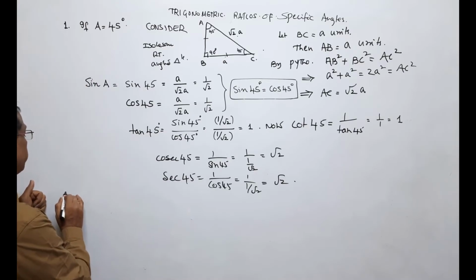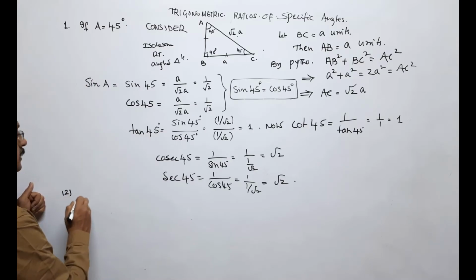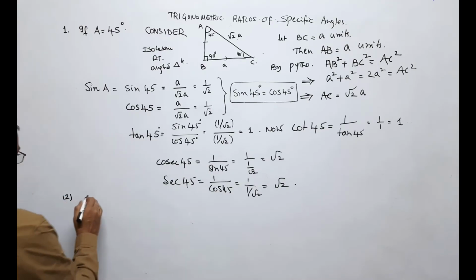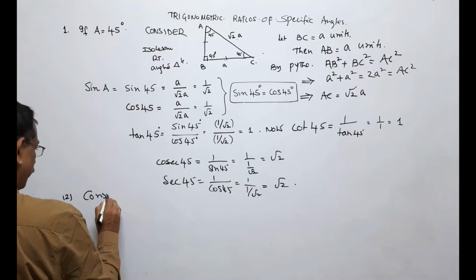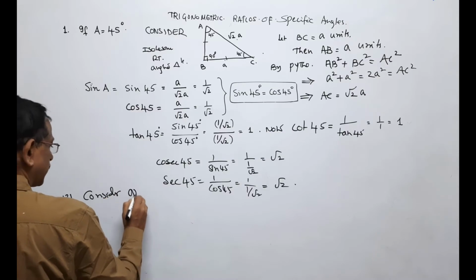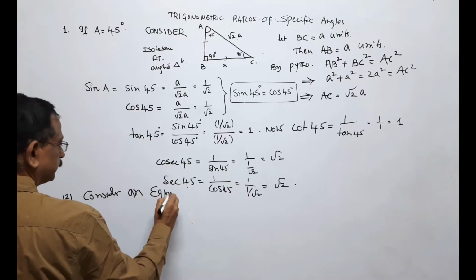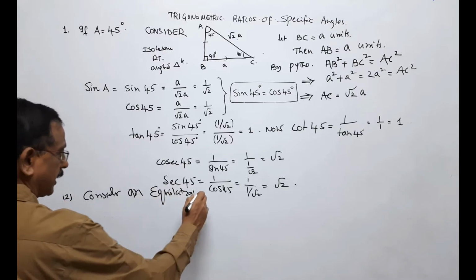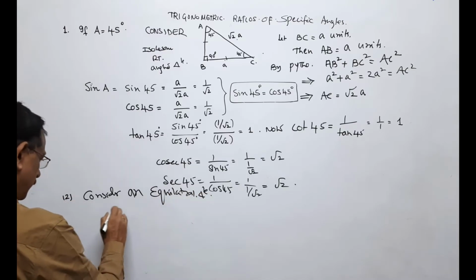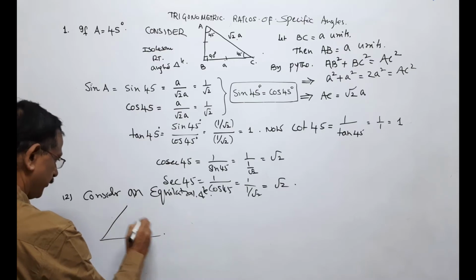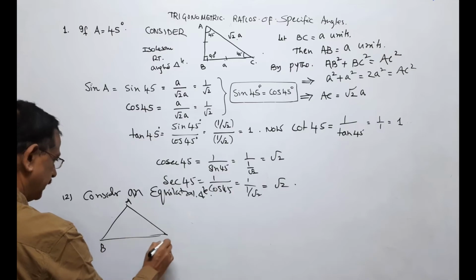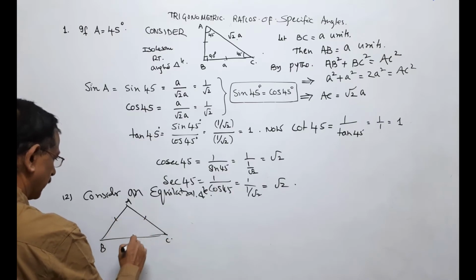Now, let me see the second case. How do I evaluate 30 degrees? Consider an equilateral triangle ABC, all sides are equal.